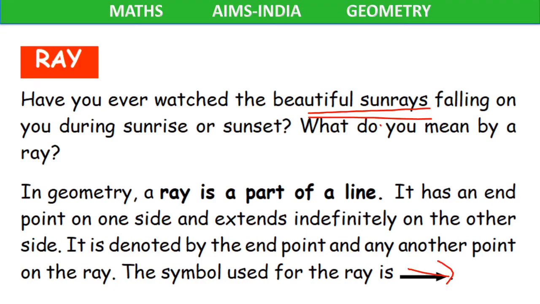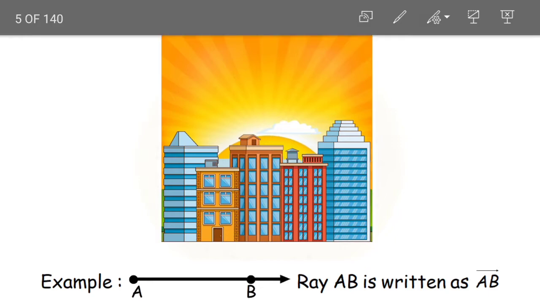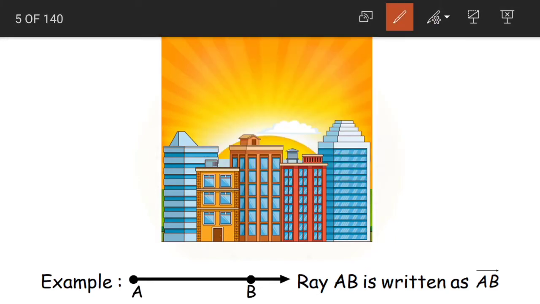If we take the sun rays for example, what can we say? The ray is starting from here and moving upwards. The ray is starting from the sun and it is spreading in all the directions indefinitely. There is no limit. It can go very far.